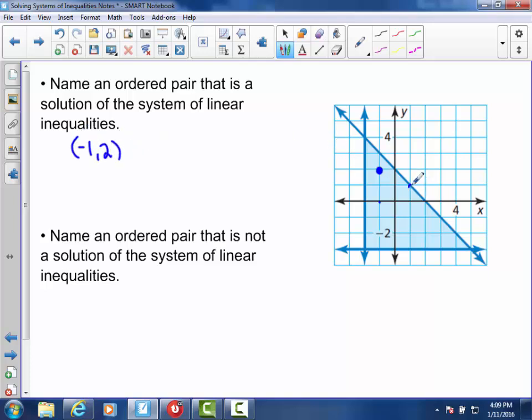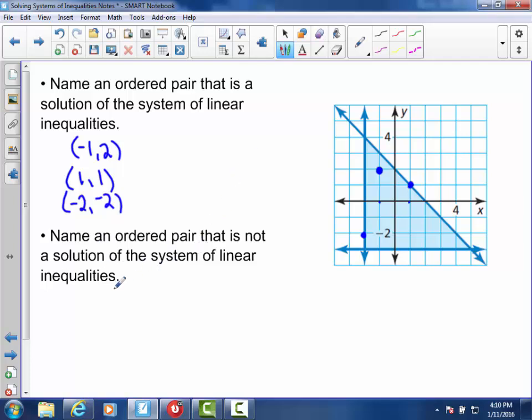This would also be a solution at +1, +1. We would also have a solution here at -2, -2. Okay. And there's an infinite number of solutions. Those are just some that are easy to see.